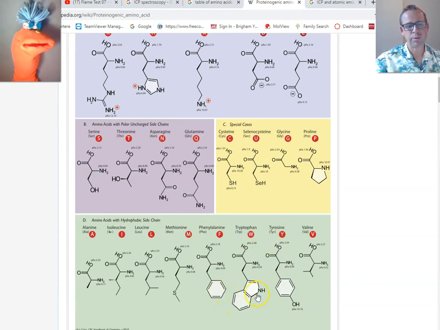Anytime you see that sort of a ring with multiple double bonds, right? This is called a conjugated system, where you have a double bond every other bond, and so you have a free pi orbital there, and the result is the electrons begin to be shared, and it behaves more like a molecular orbital.